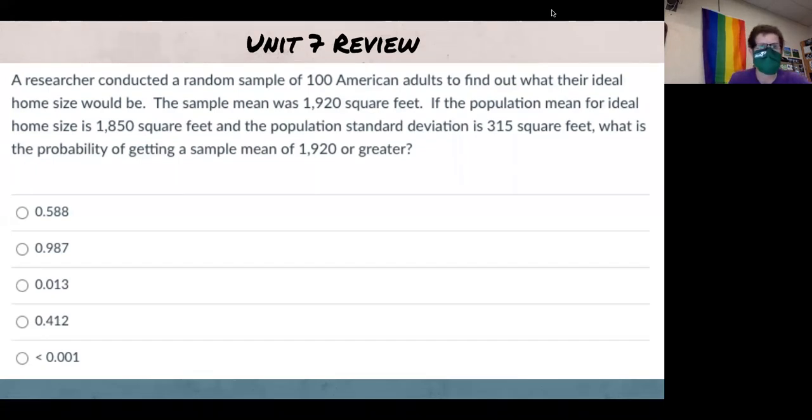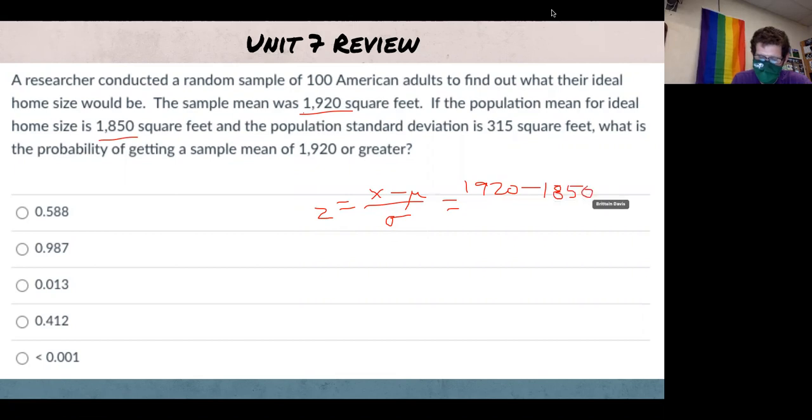This one, it's tempting to just do a regular z-score, x minus the mean divided by standard deviation. And if I do, I've got the sample is 1920 minus 1850, the true population mean, divided by 315. And when we do that, we're going to get a certain value.